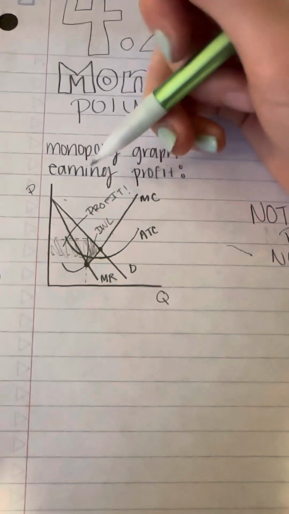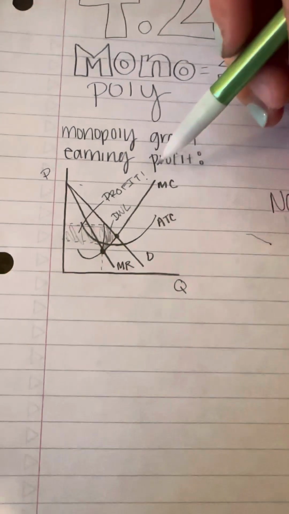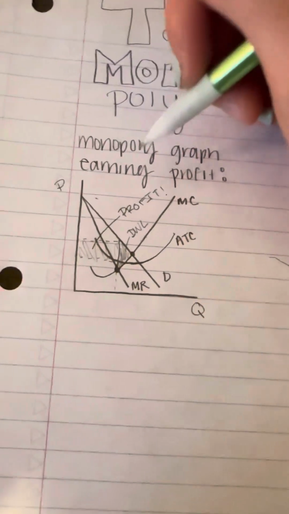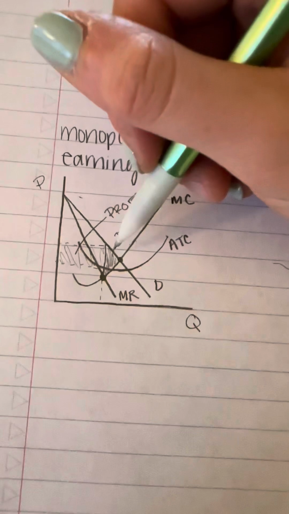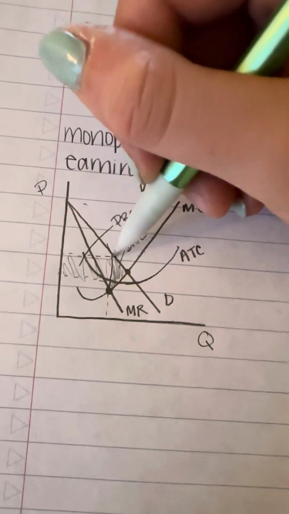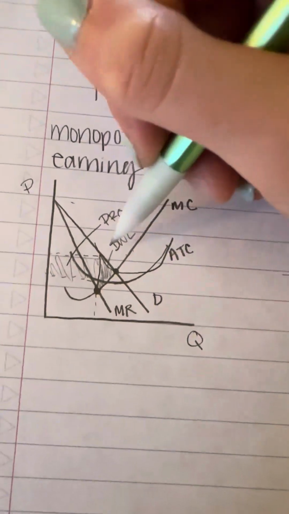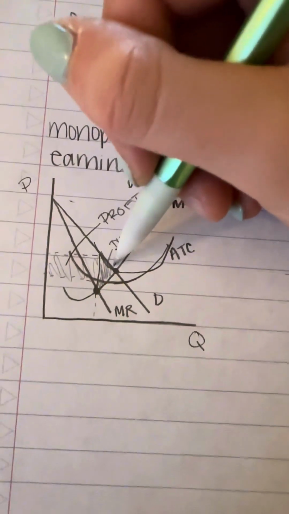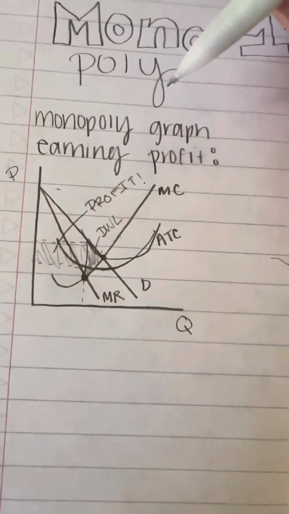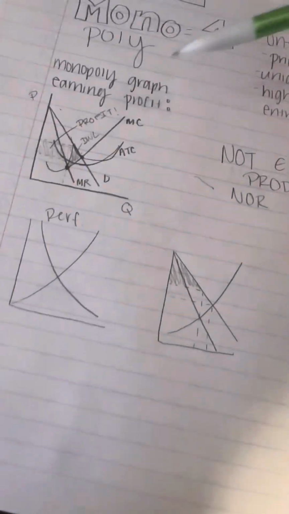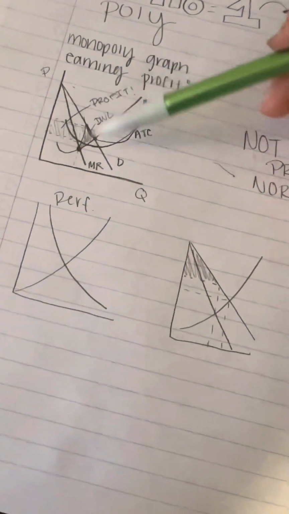If the government were to regulate the monopoly so that it earns zero economic profits, the ATC would be moved to touch the demand, where it's touching the demand right here, so there wouldn't be any economic profits.